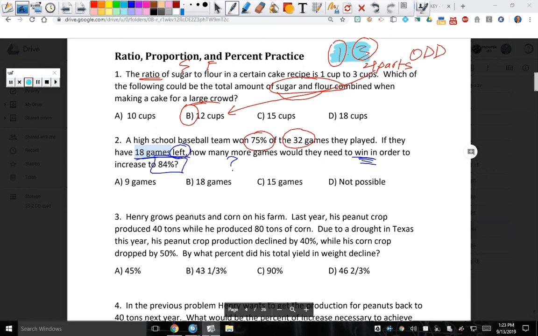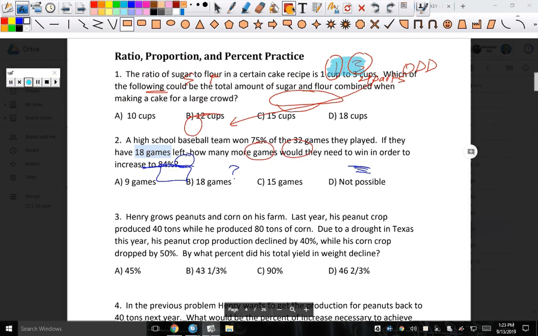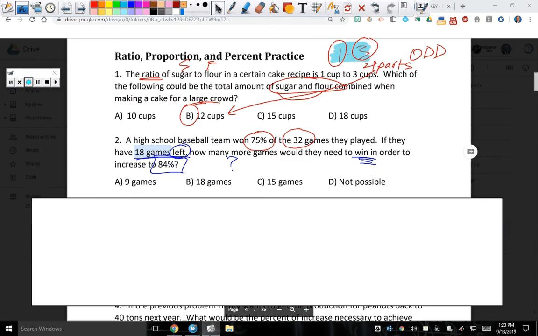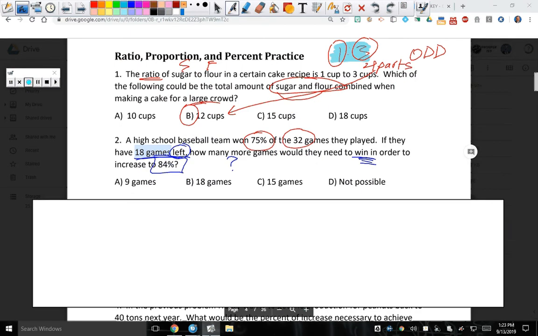Anya, help us out. How do we set this up as an equation? So you have to find 75% of 32. Here we go. This is another way that I want to help you learn how to set up problems, okay? So something divided by 32 will give me 75%.